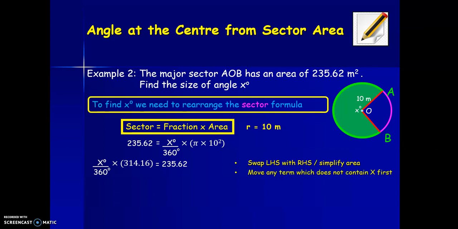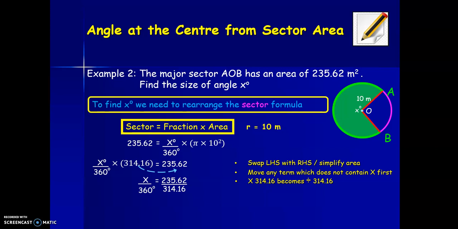So we need to move 314.16 over to the other side of the equal sign, and it becomes divide by 314.16. So we're left with x divided by 360 equals 235.62 divided by 314.16.